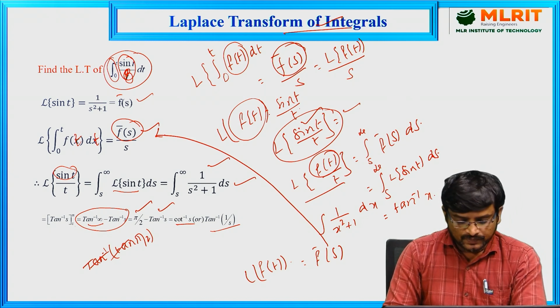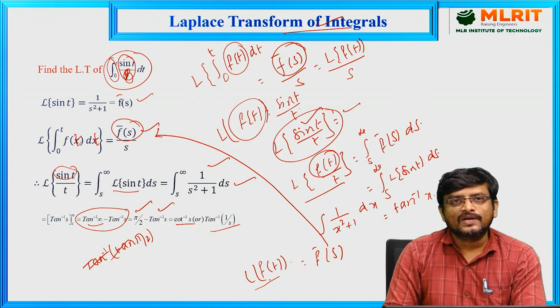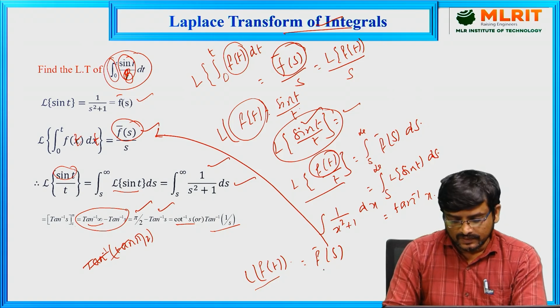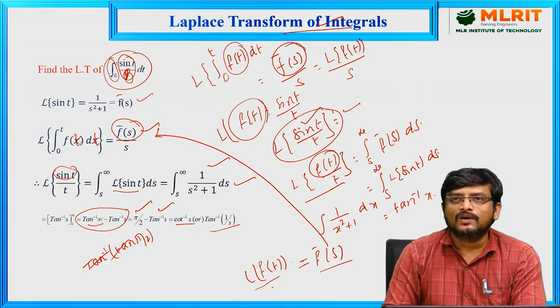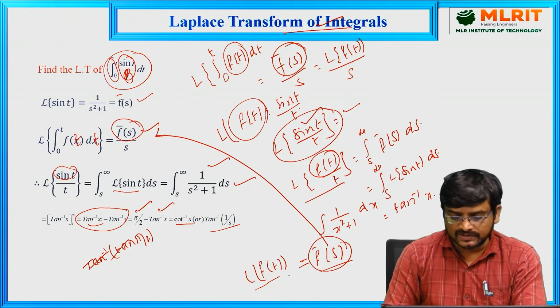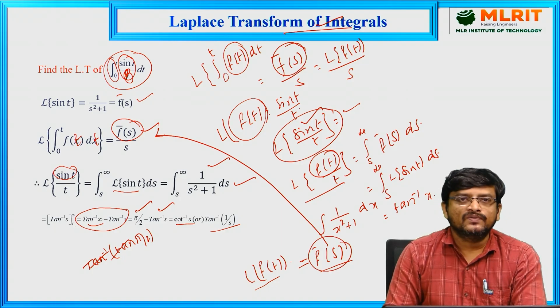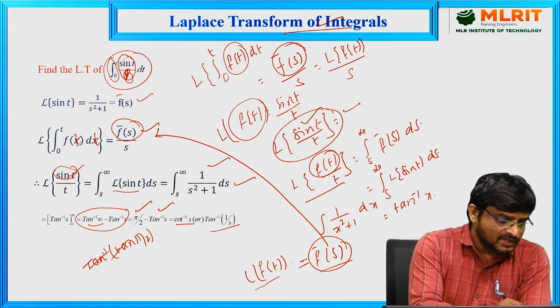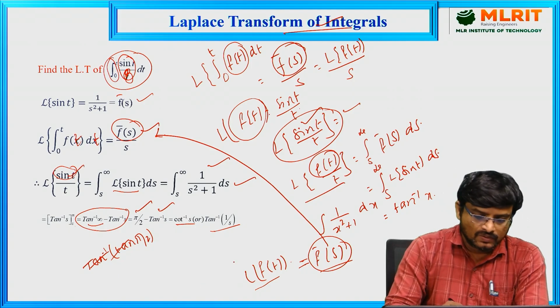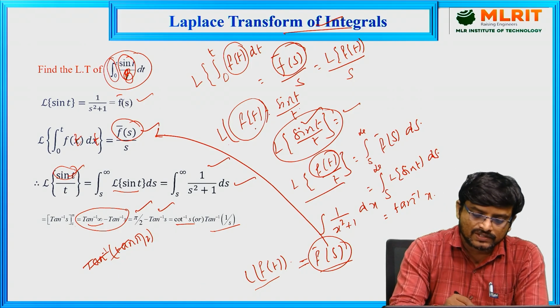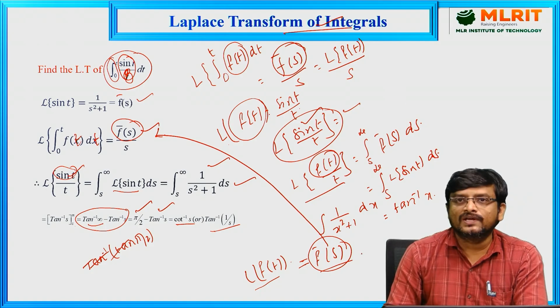While finding this Laplace transform of f of t, we have to use other properties of Laplace transform and get this f bar of s. Here, while solving this Laplace transform of sine t by t, we are using the property Laplace transform of f of t by t.